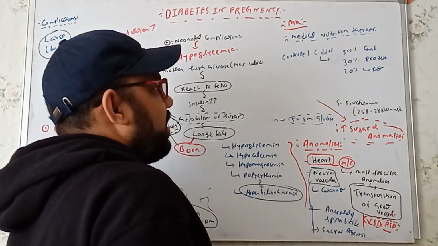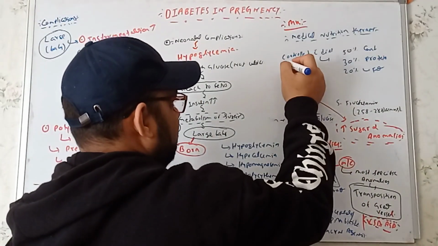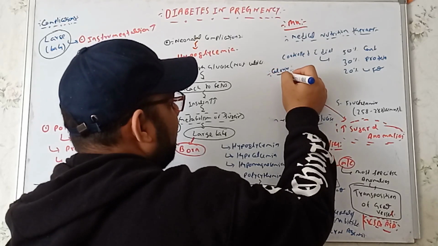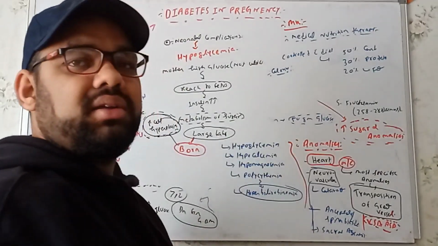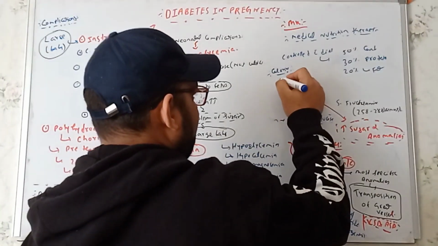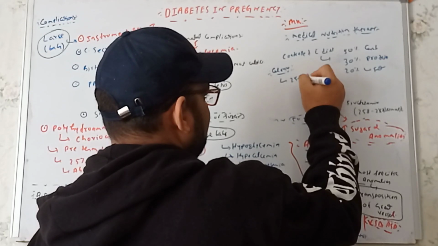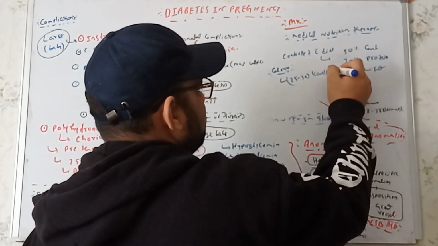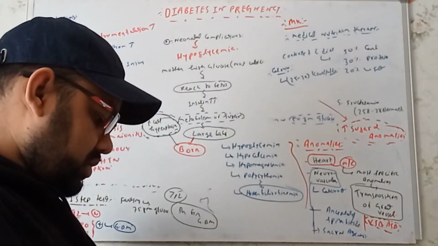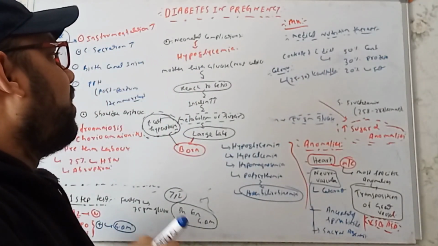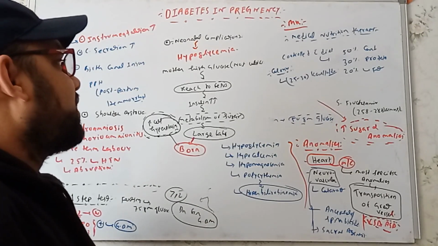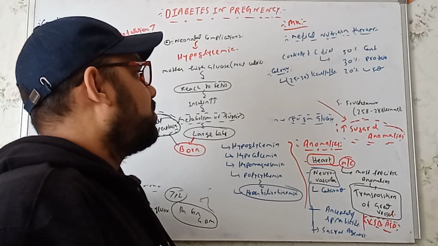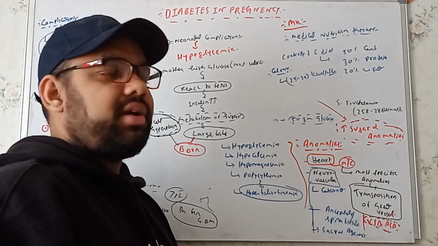In terms of calories, a normal woman is supposed to have 35 to 40 kilocalories per kg per day, but in these cases we give only 25 to 30 kilocalories per kg per day. A woman who wants to remove the different kinds of complications should obey this type of diet chart.